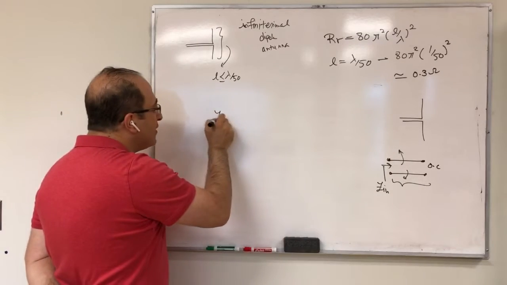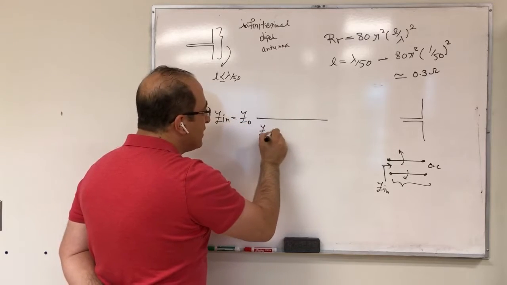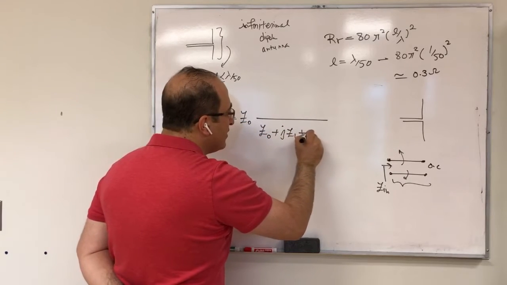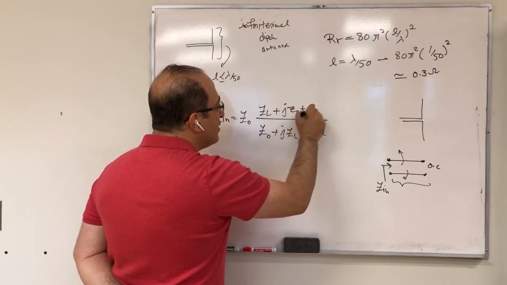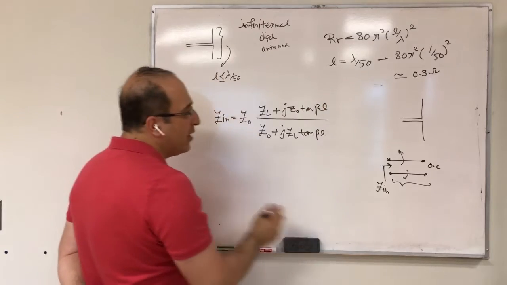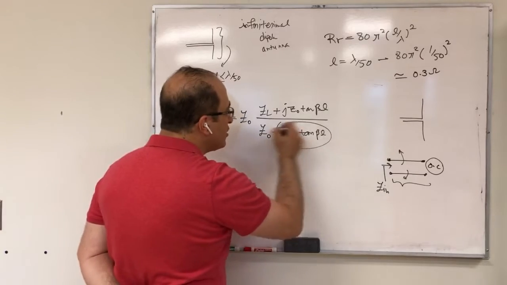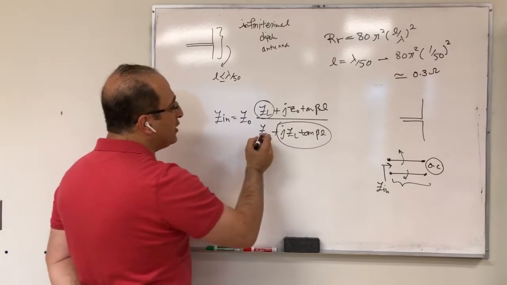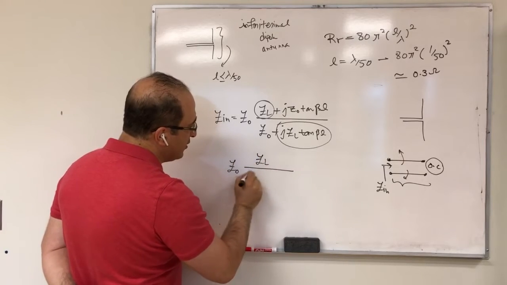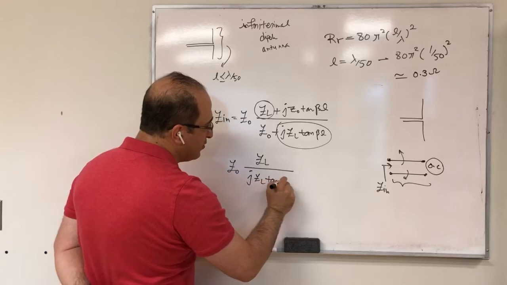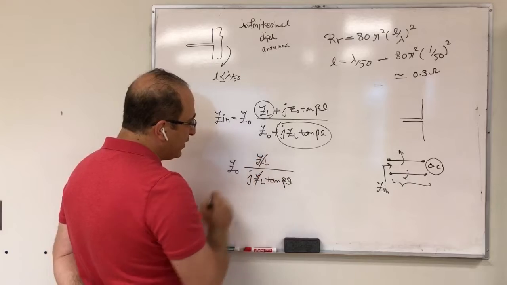Z in of a transmission line is Z naught times (Z_L plus j Z naught tangent beta L) divided by (Z naught plus j Z_L tangent beta L). Now, what is our Z_L? Z of load is infinity, so this is very large, and I can ignore these two terms. It becomes Z naught times Z_L divided by j Z_L tangent beta L, because Z_L is infinity, open circuit.